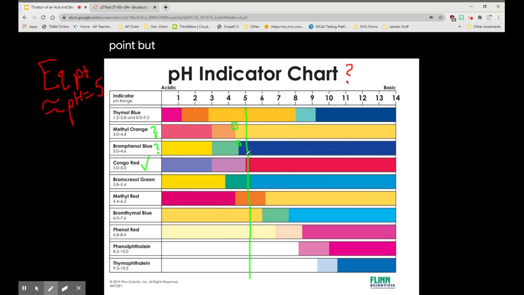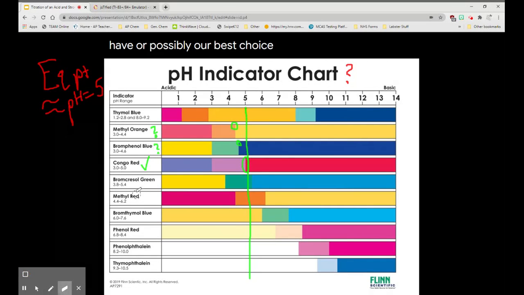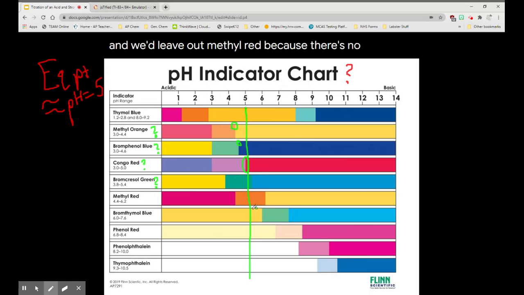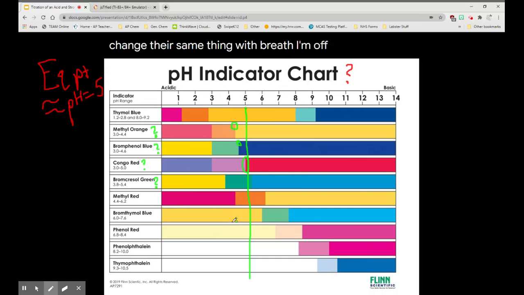But Congo red would be our best choice, or possibly our best choice, because we have a color change close to that pH, but it's pink, light pink to dark red. That might be a little hard to tell. Same for bromocresol green, and we'd leave out methyl red because there's no real color change there. Same thing with bromothymol blue and phenol red.